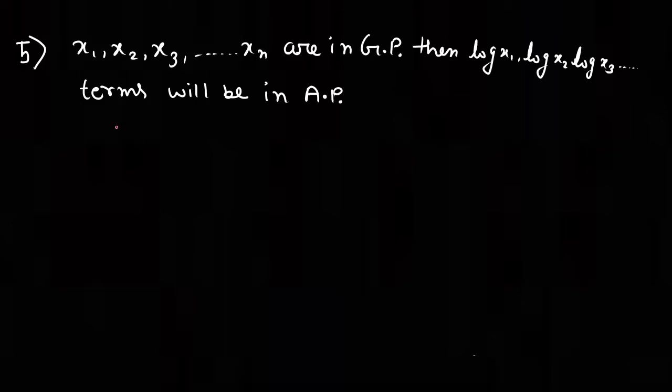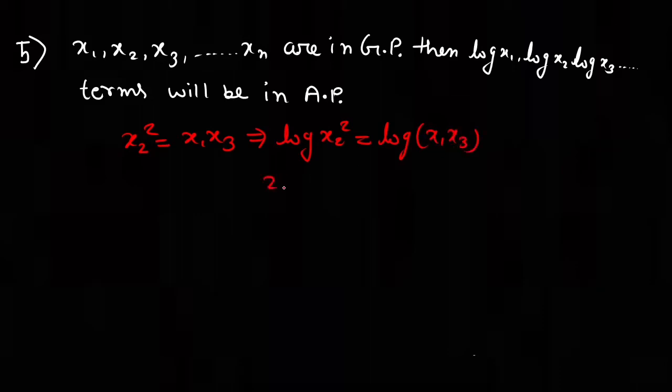Because x1, x2, x3 and xn are in GP, we can say that x2 square is equal to x1 x3. If we take log of both sides, then log x2 square is equal to log x1 x3. Then 2 log x2 is equal to log x1 plus log x3.